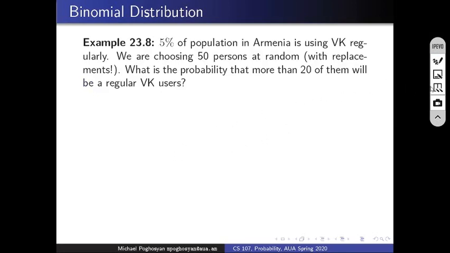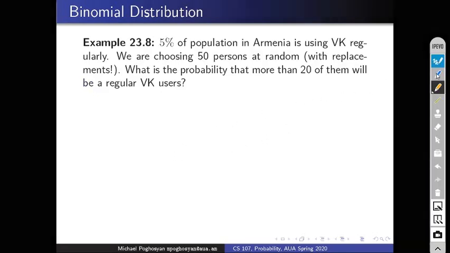Okay, another example. So 5% of the population in Armenia is using VKontakte regularly. We are choosing 50 persons at random, and we are choosing with replacements. This is to have independent trials. So 50 trials.